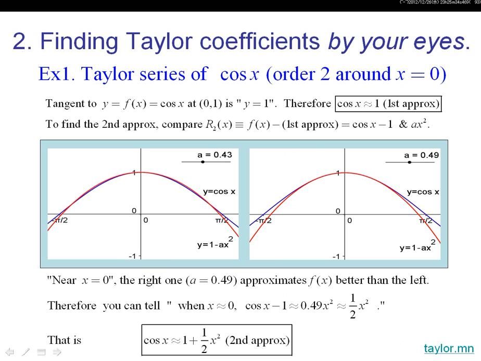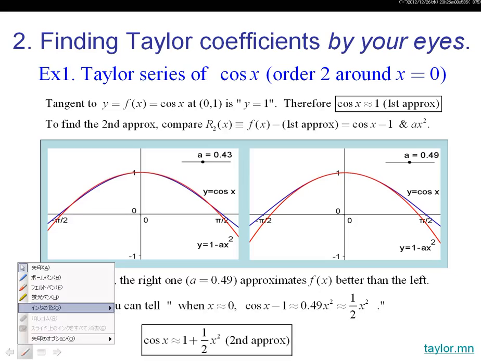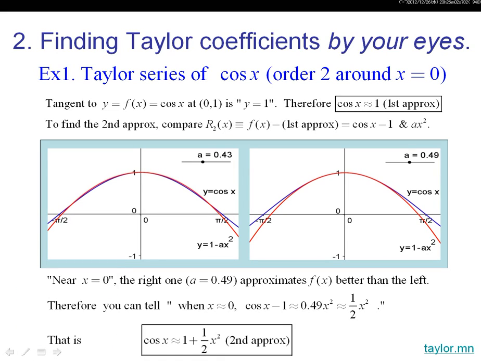Second chapter, the main chapter: finding Taylor coefficients by your eyes. First example, Taylor series of cosine x of order 2 around x equals 0. First, you have to find the tangent line, the first approximation, a linear approximation near x equals 0. The tangent line to y equals f(x) is y equals 1.